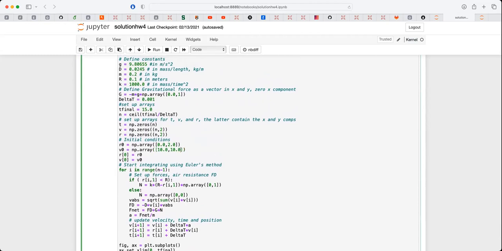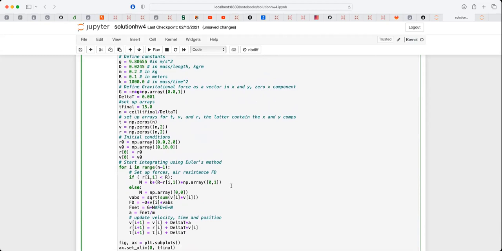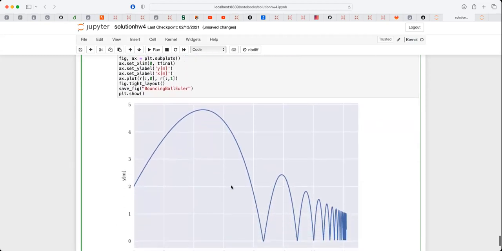Suppose I put the initial velocity in the x direction to 0, and I take out this air resistance. So I simply have G and the normal force. If you now look at the graph here, what would you expect? What should the graph look like?